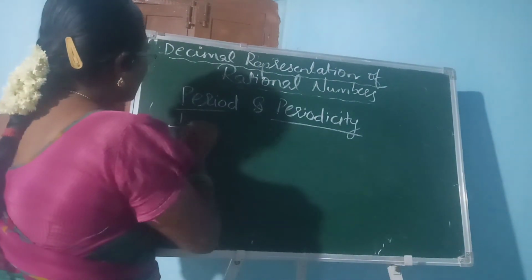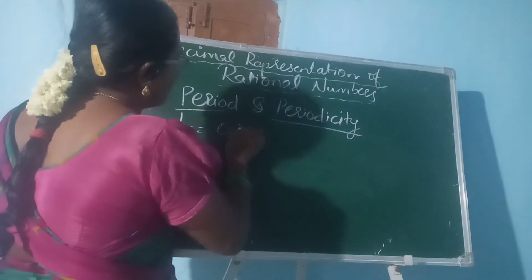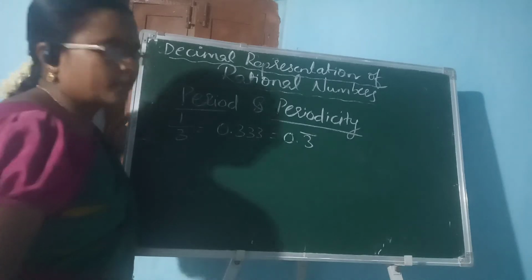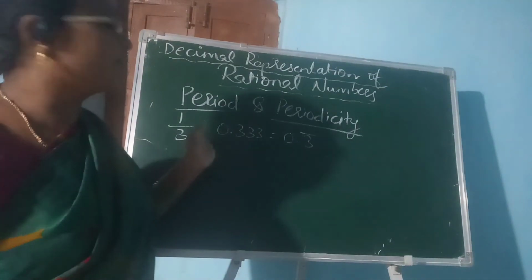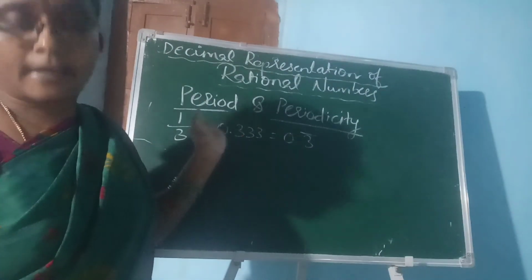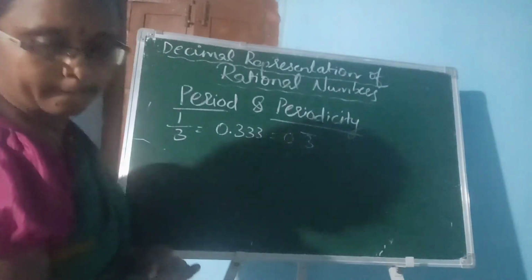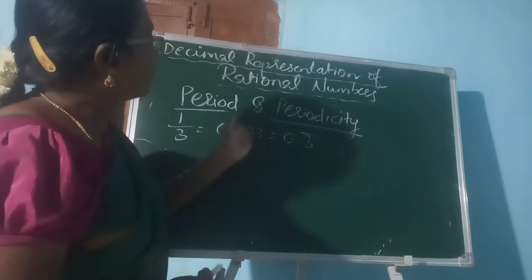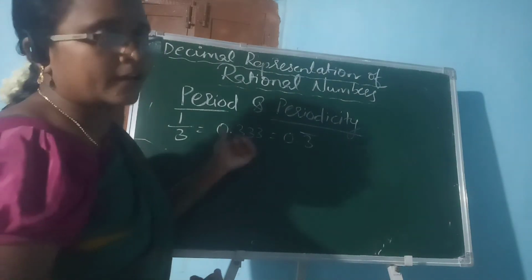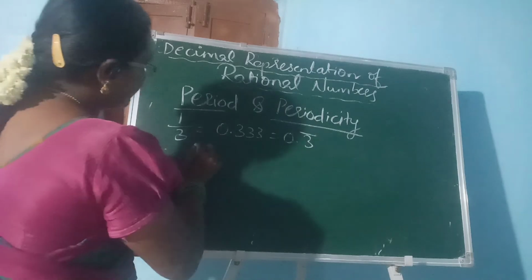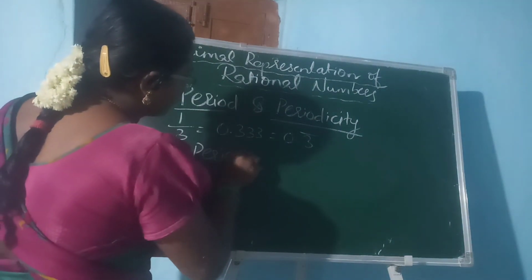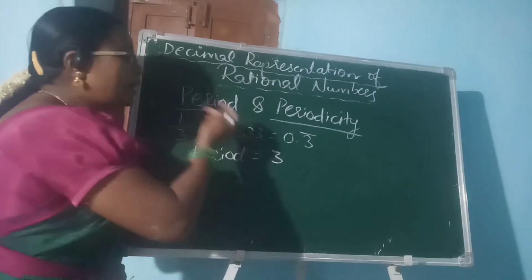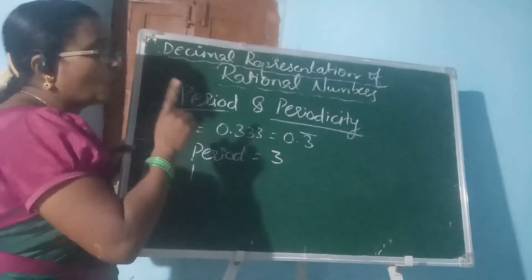Now we observe that 1 by 3 is equal to 0.333, which can be written as 0.3 bar. So what is this? A non-terminating recurring decimal. Here, what digit is getting repeated? 3 is getting repeated. That's why the period is 3. And how many digits are getting repeated here? Only one digit.